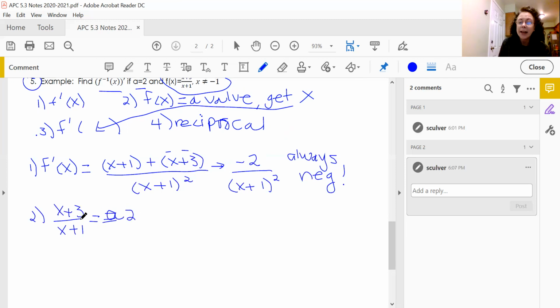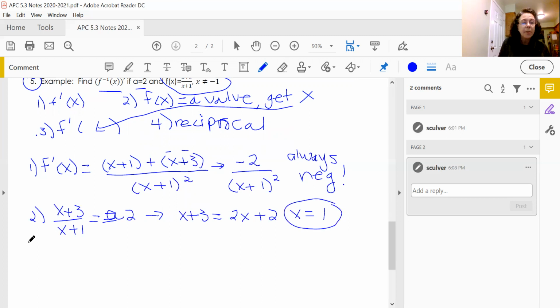So I have to find the x where that happens. Let's multiply both sides by x plus 1. When I do that, I'll get 2x plus 2 when I distribute the 2. Some quick math here. That means my x would be, let's see, I'll subtract an x, my x would be 1.